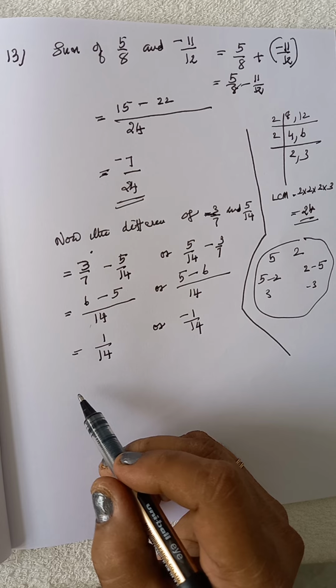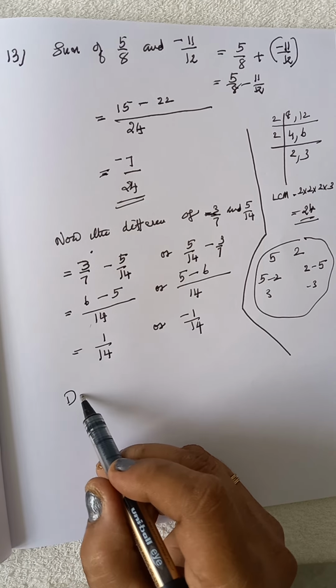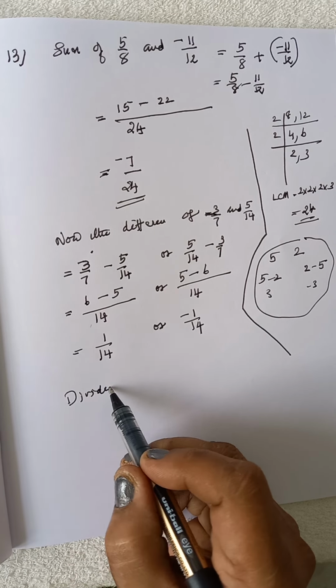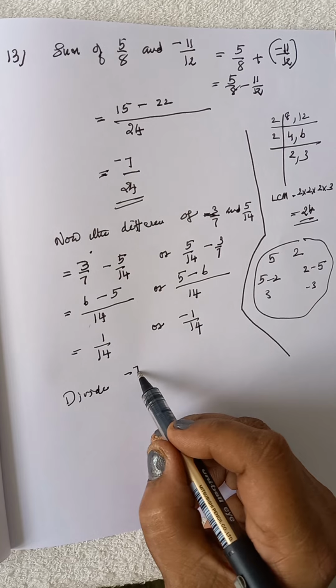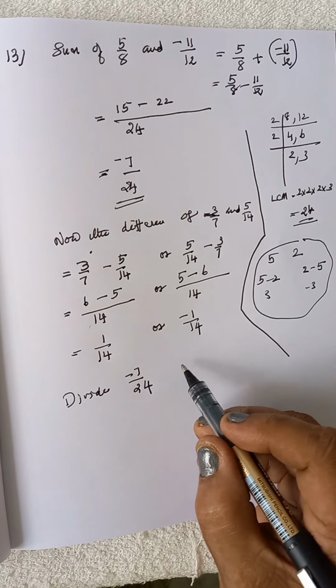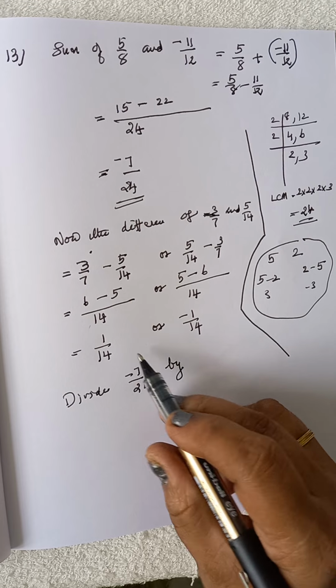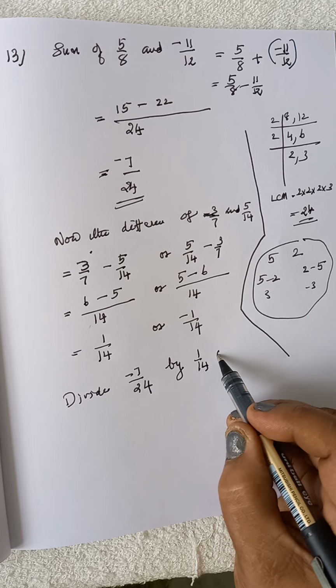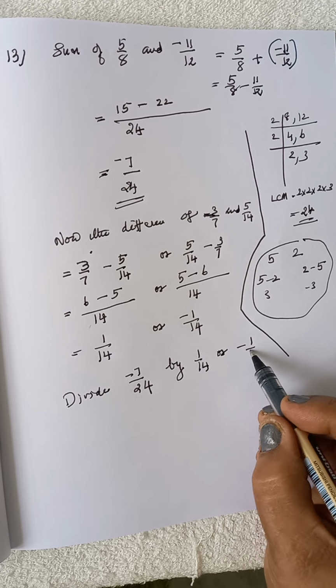So now what we have to find? We have to divide, isn't it? We have to divide this minus 7 by 24, that is the sum of these two, by 1 by 14, or minus 1 by 14.